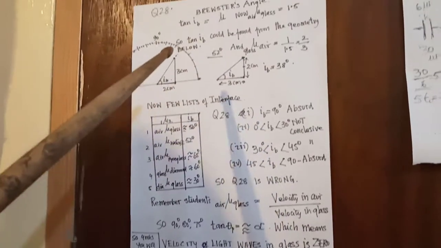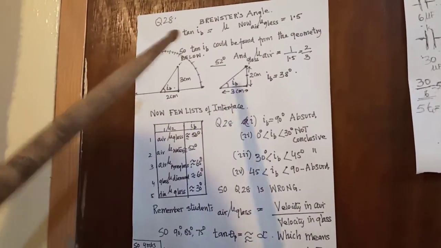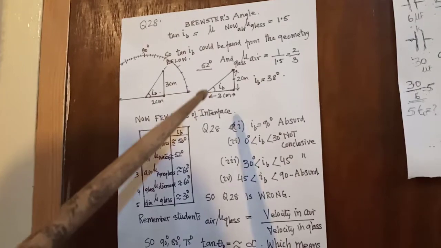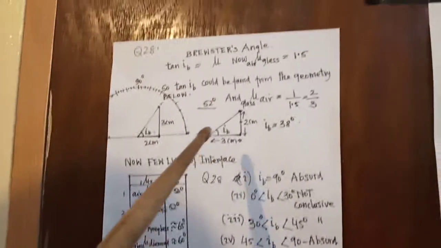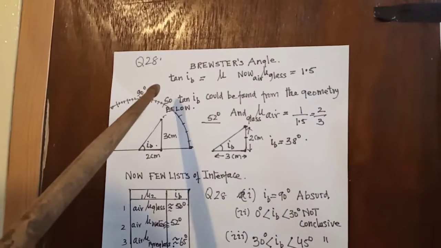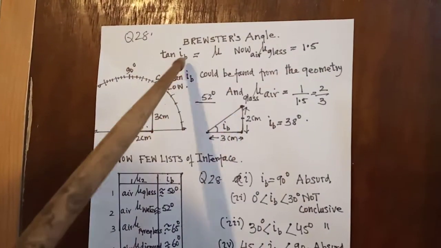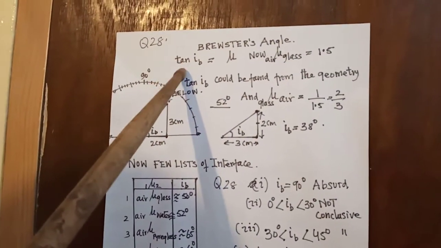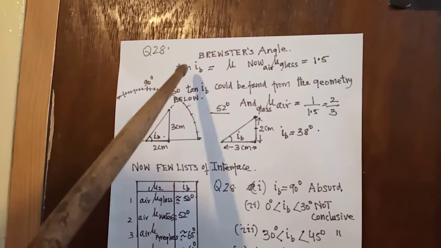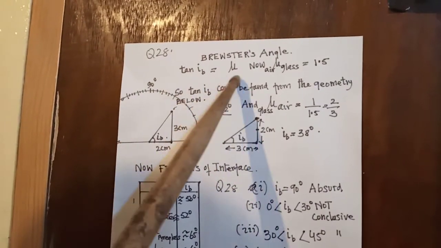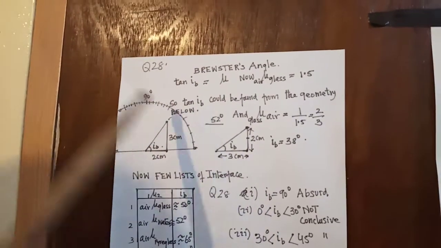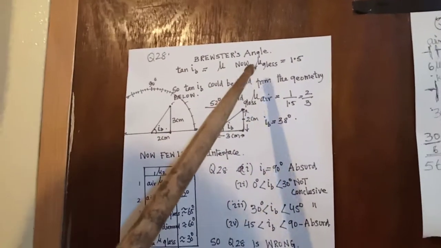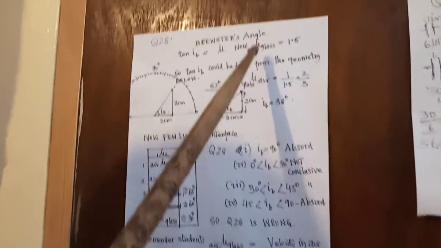Now, to understand the relation of Brewster angle with mu, you can consult some books, but we'll go short on this. The relation is mu is equal to tan of IB. So here a little trigonometry is needed. Mu is tan of IB, and this is the way we should write it.